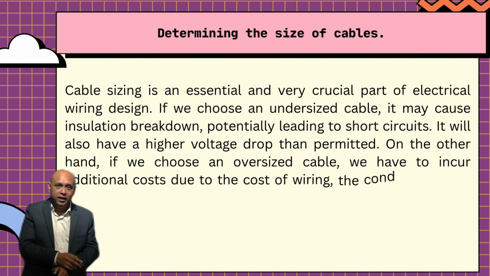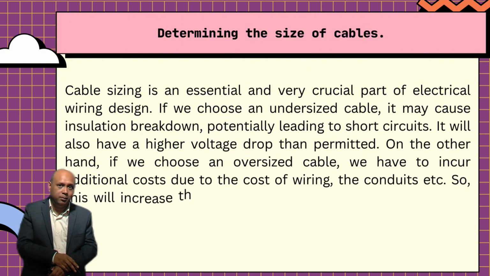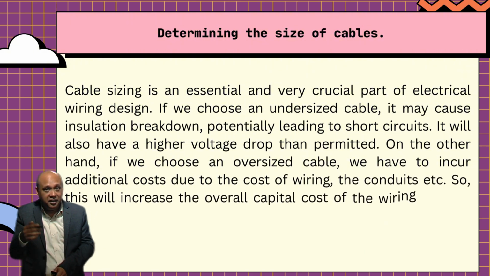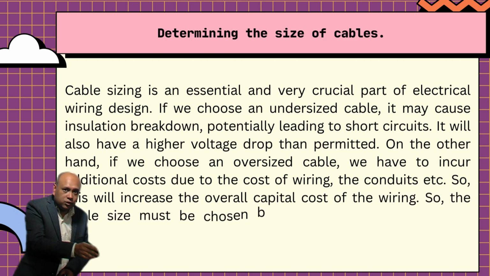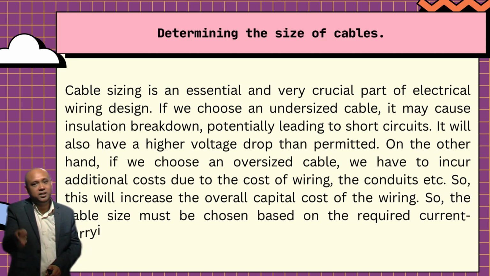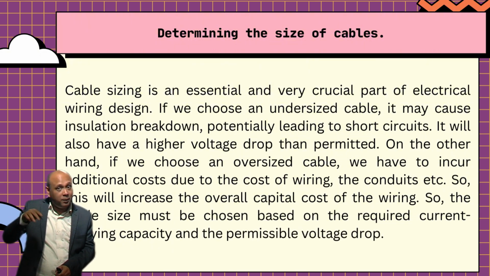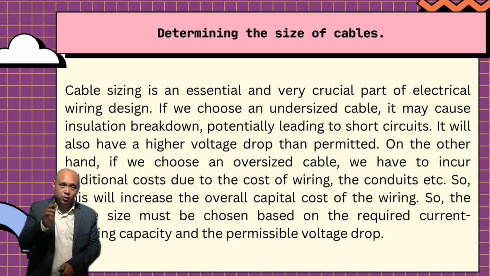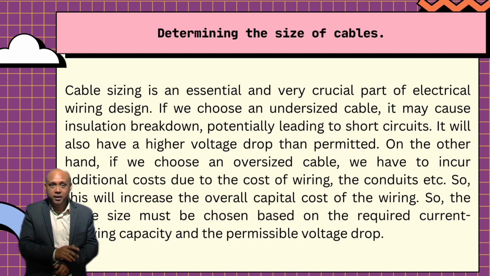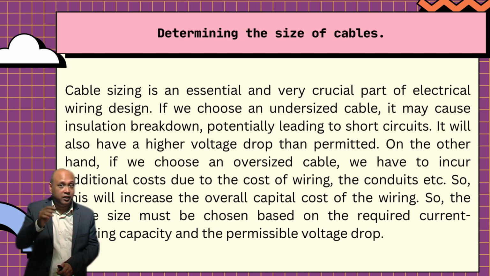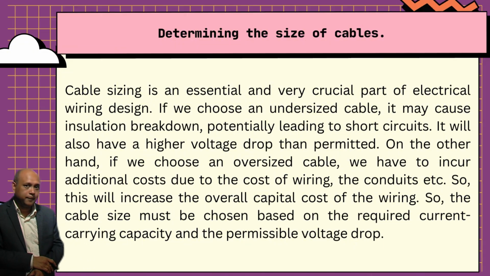On the other hand, if we choose an oversized cable, we incur additional costs due to the cost of wiring, the cost of conduits, etc. So this will increase the overall capital cost of the wiring. So the cable size must be chosen based on the required current carrying capacity and the permissible voltage drop.